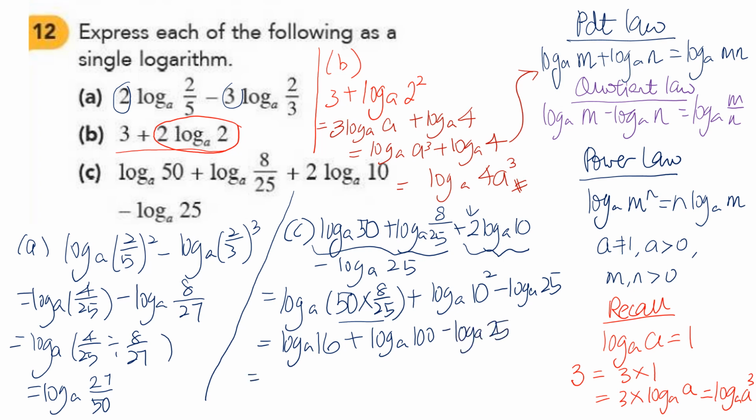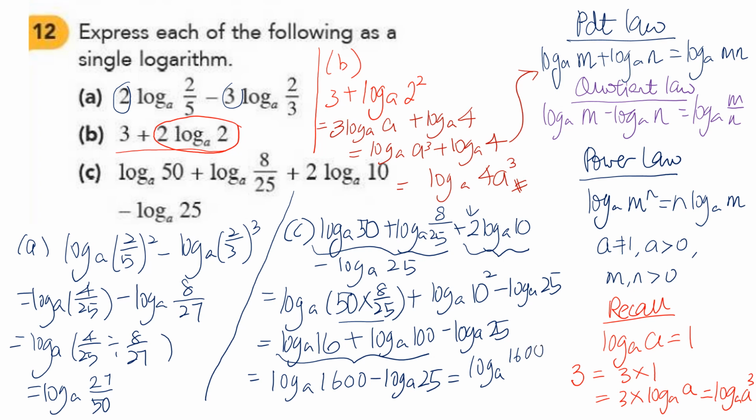Okay, if you're not confident to just combine 3 of them in one shot, you can just do these 2 first. That will give us log base 1600, 16 times 100, so 1600. And then after that, apply the quotient law. So you really don't need to get worried if there are too many things.